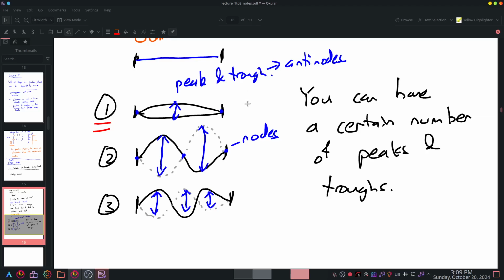So the wavelength over here is 2L, I think. If the length between these two fixed points is L, your wavelength here is 2L.